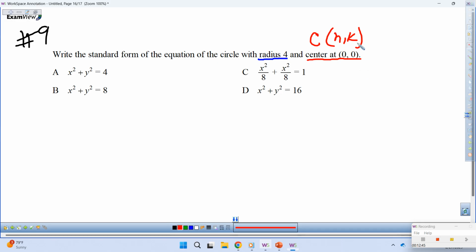Just like the one we did before, we start with our standard form equation, (x - h)² + (y - k)² = r².